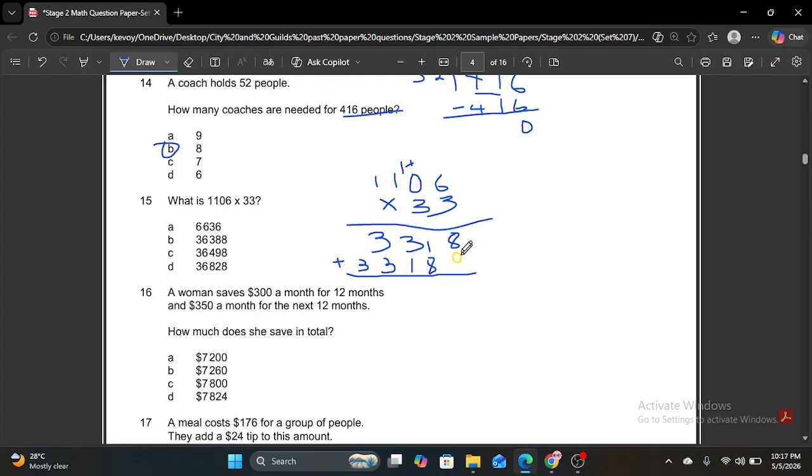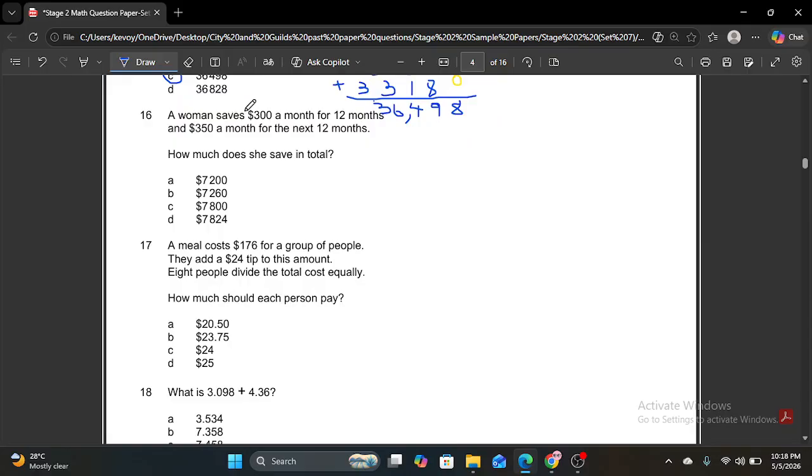So 0 plus 8, that's 8. 8 plus 1 is 9. 1 plus 3, that's 4. 3 plus 3, that's 6. And we'll have a 3 right there. So that is 36,498. Let's see if we can find that. So it's right here, number C, 36,498. Alright, moving on.